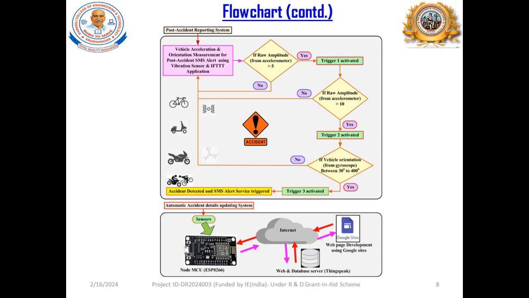Here, as the web-based database server, we used the ThingSpeak cloud platform to automate and collect all the sensor information and store it. The ThingSpeak cloud data are processed in the background with web page development using Google Sites. The web page is specifically designed for accident details management using Google Sites.